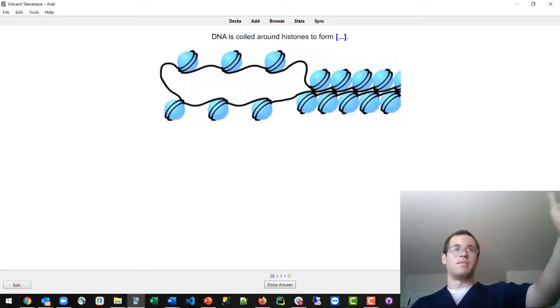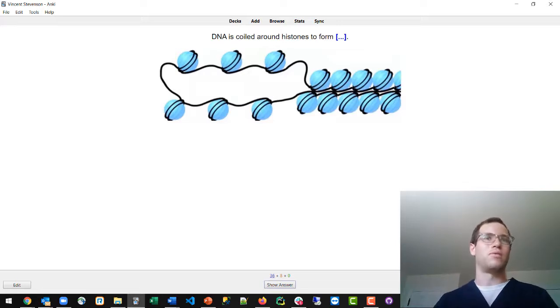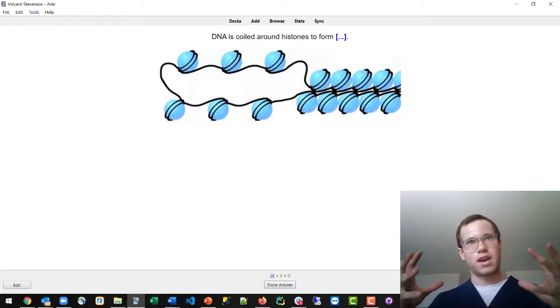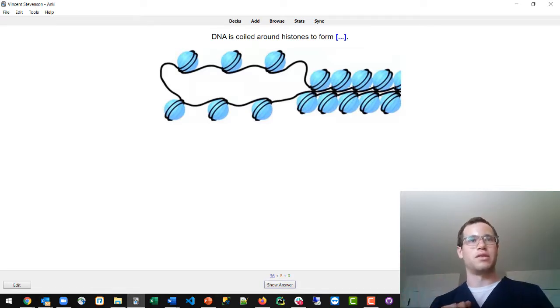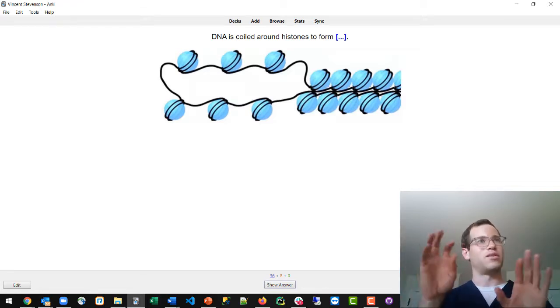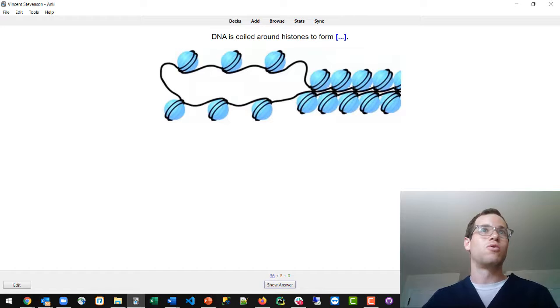So this is a graphic representation of your DNA and how it coils around these things called histones, and we get two types of chromatin. We have a really dense form of chromatin, which we call heterochromatin, and then we have the looser packed, or less tightly packed, DNA, which we call euchromatin.